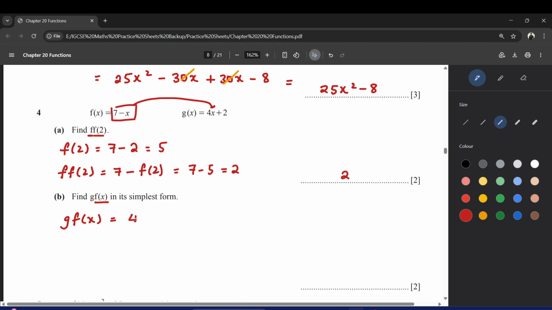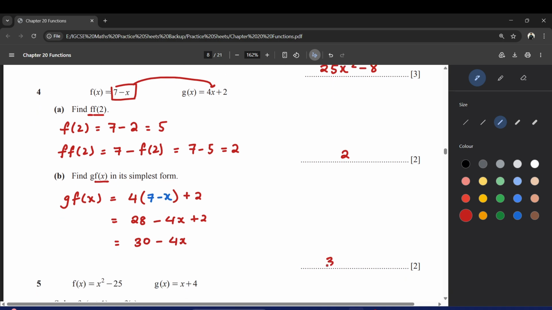So that would mean 4 times 7 minus x plus 2. Okay, so 4 times 7, that would be 28. 4 times minus x would be minus 4x plus 2. 28 plus 2 is 30, so we have 30 minus 4x. Okay, and that will be our answer to question number 4, part B.